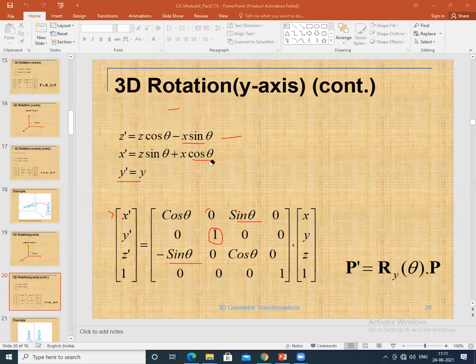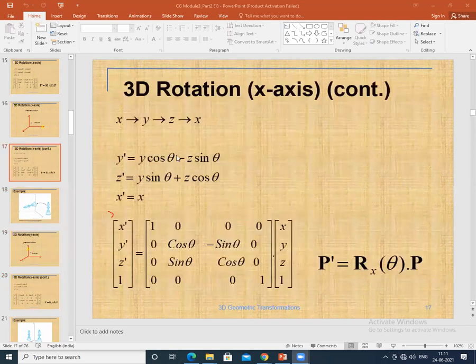So now you are able to analyze what a 3D translation and 3D rotation are. As I said, 3D rotation is one of the more complex factors to analyze, as we need to remember the correct equations. Whenever you rotate Rx of theta, x bar will be x, and you need to write the equation for y and z.